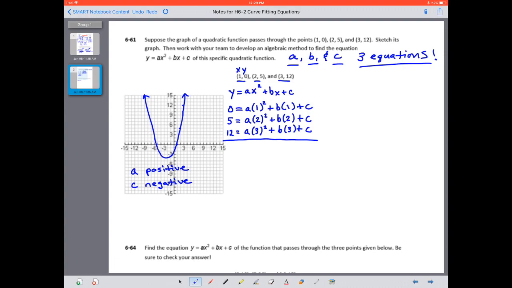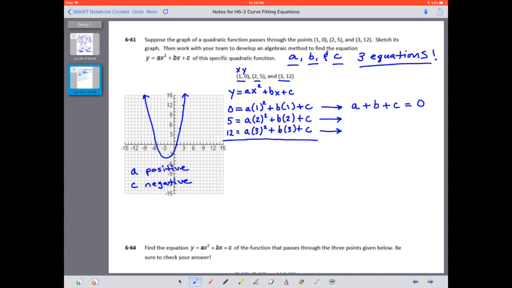Now let's simplify them, and you'll see why we're doing it the way we're doing it here. So I'm going to rewrite them to the right side. I'm going to start out with the right side of the equation and simplify it. So 1 squared is 1 times a is a, plus b times 1, which is b, plus c equals 0.